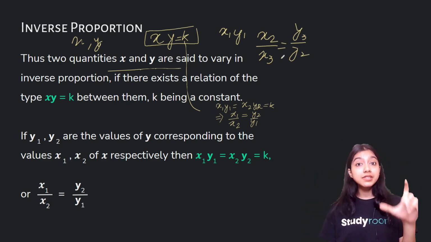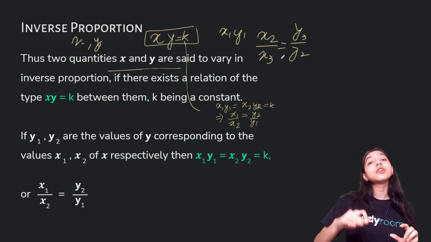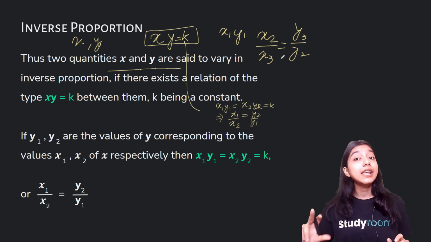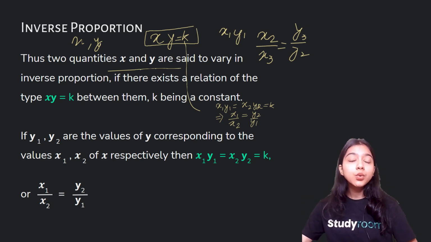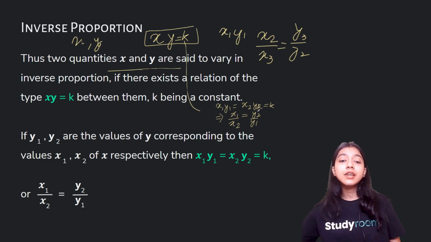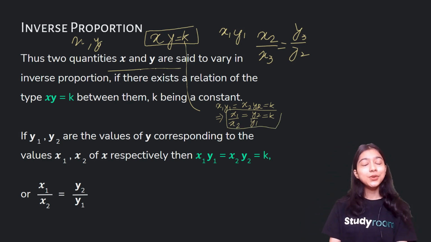Here the ratio will be of the same variable, x1 by x2. But this will be equal to the ratio of the second variable but taken in the reverse order. That means x1 by x2 will be equal to y2 upon y1, and this is a constant number k. So this is a very important conclusion, and you must remember it to check whether two variables are in inverse proportion or not.